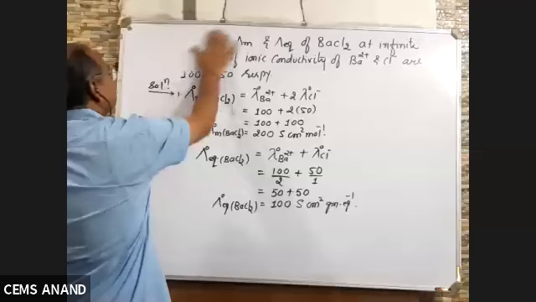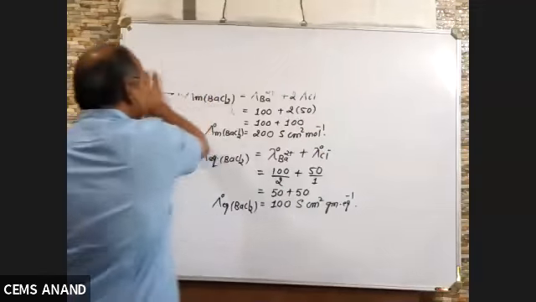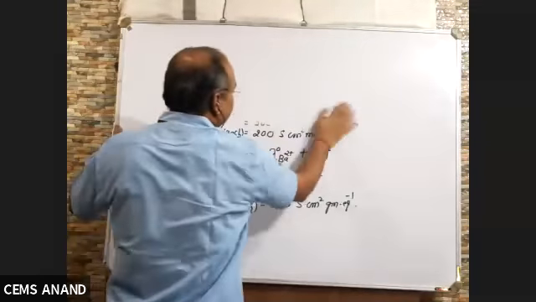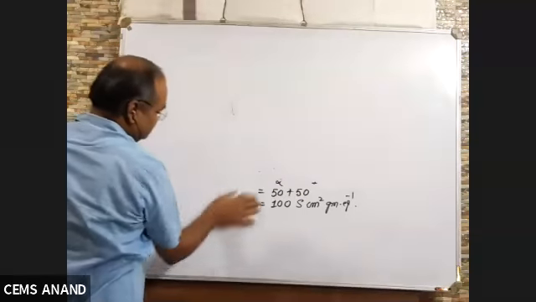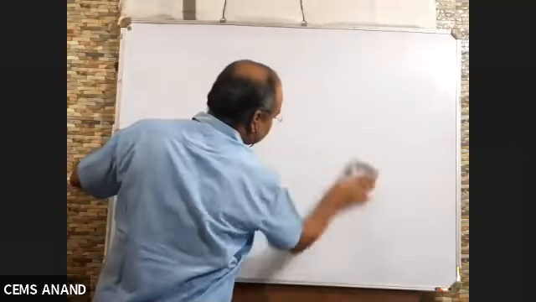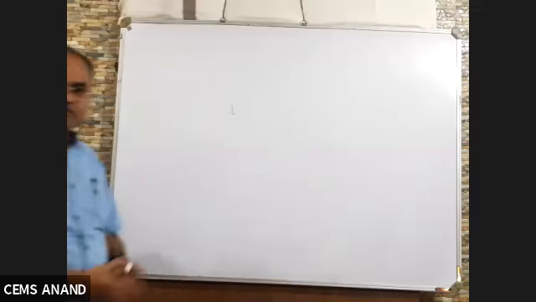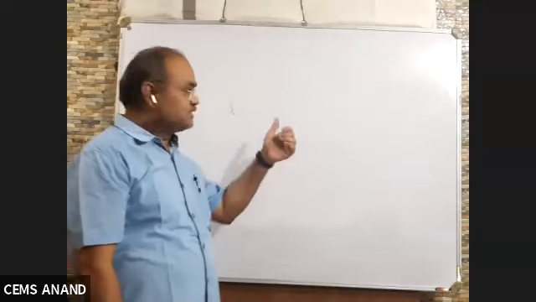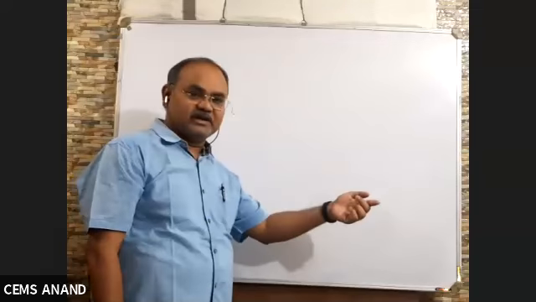Now, here your two topics are over of this chapter. We have completed two topics. First, electrochemical cell, a cell which converts chemical energy into electrical energy.